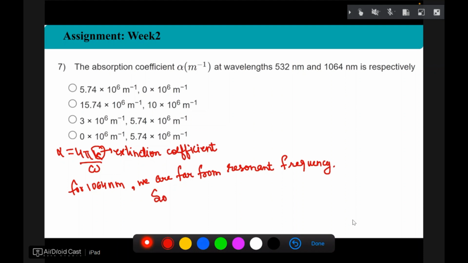So alpha will be 0. Among these options, there's only this condition.